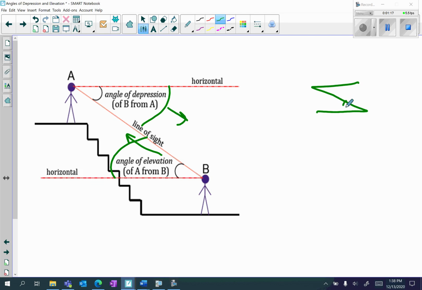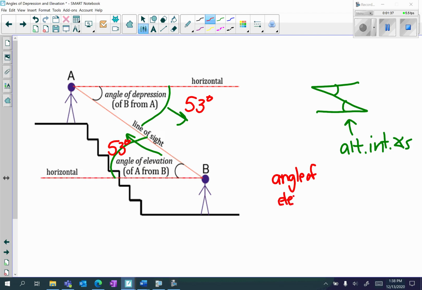We have a Z. These are alternate interior angles. So let's say, for example, this was 53 degrees, the angle of depression. That would make the angle of elevation also 53 degrees. They're congruent. So the angle of elevation is equal to the angle of depression.